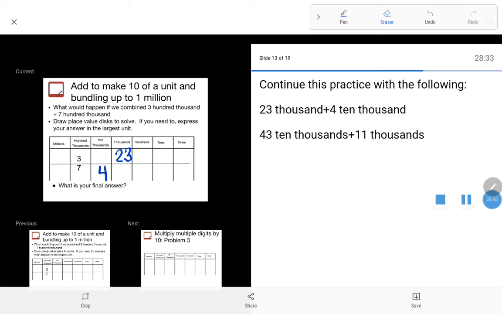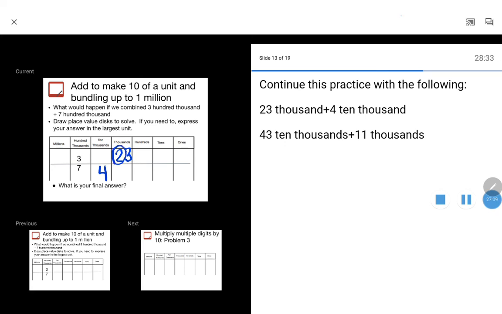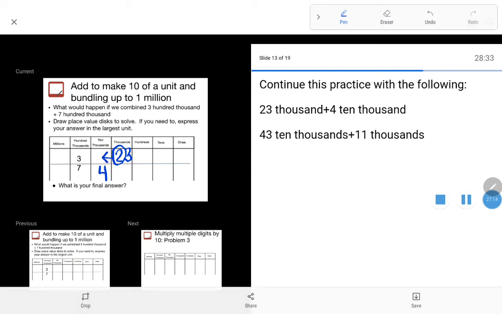Remember, I said 23,000s. What happens to those 23,000s? 10,000. Now I'm going to move this 2 over to 10,000. So I really have 2 10,000s and 3 thousands.